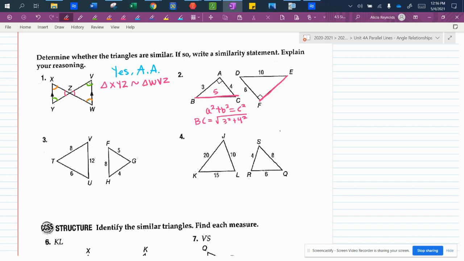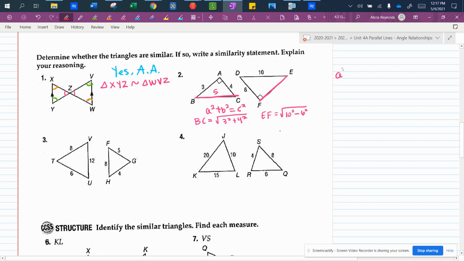So if I'm looking at my other triangle, DEF, is EF the hypotenuse or a leg? The hypotenuse is opposite the right angle. Is EF opposite my right angle? No, so this is going to be a leg. So here we're trying to find either an A or B if we're thinking in terms of this equation. So if I'm trying to find EF, that's going to be equal to the square root of 10 squared minus 6 squared.